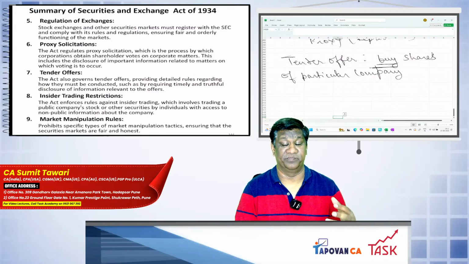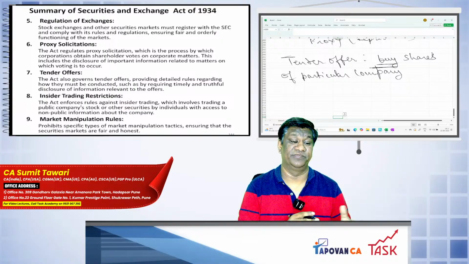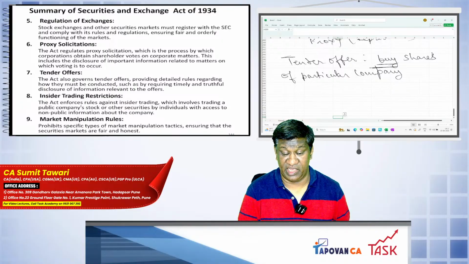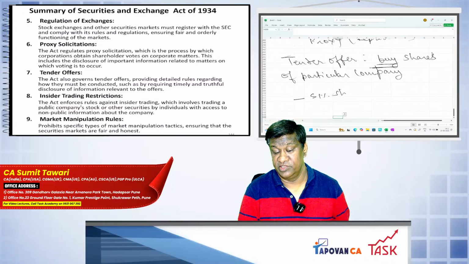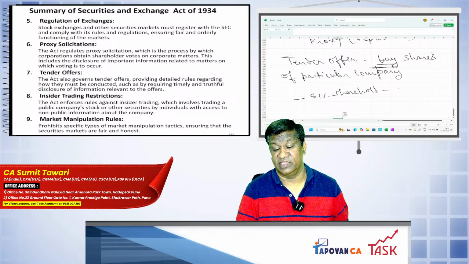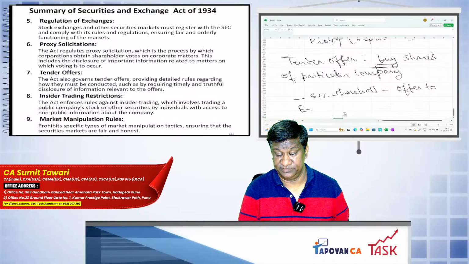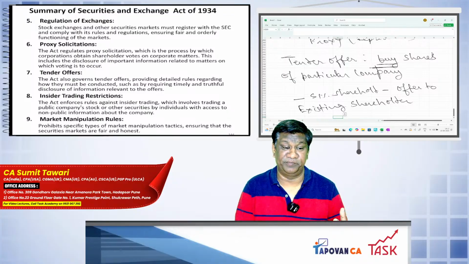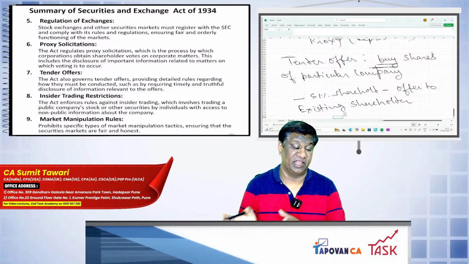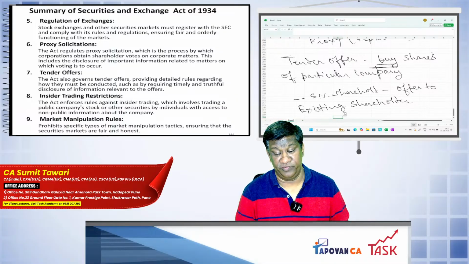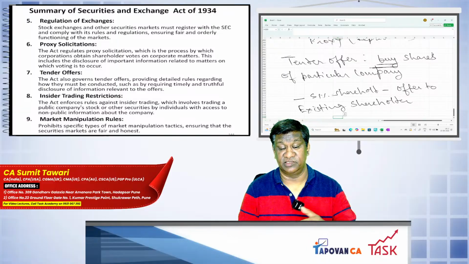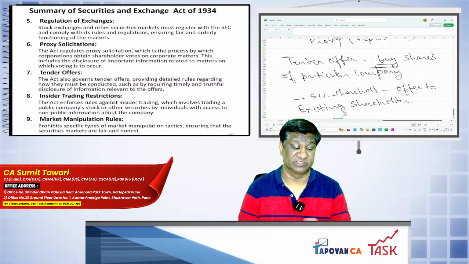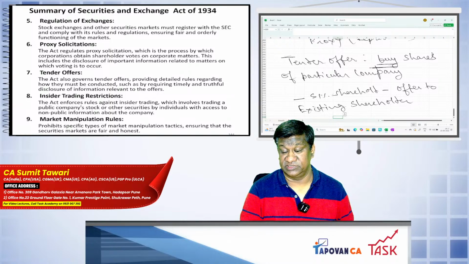If I want to acquire one company and I am not able to deal with its management, the alternative is to gather 51% shareholding. How can I do it? I can float an offer to existing shareholders with some premium price, so some shareholders may be attracted and are ready to sell. Here the management's involvement does not arise, so you can take over the company without discussing with the existing management.